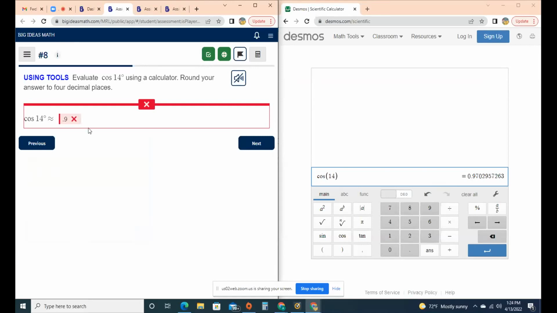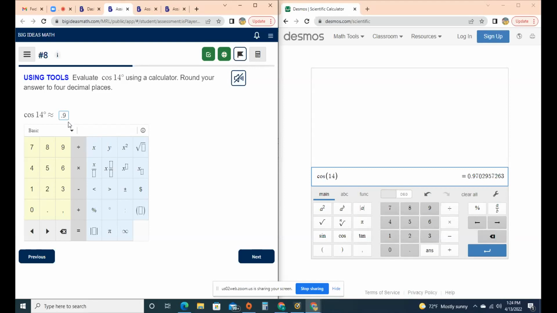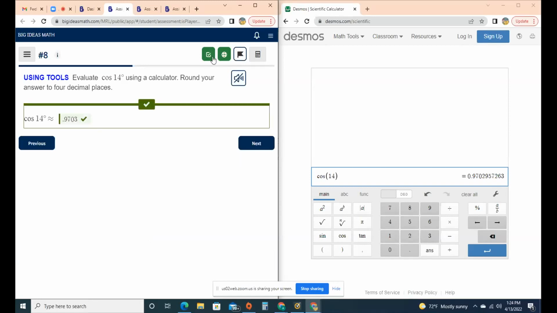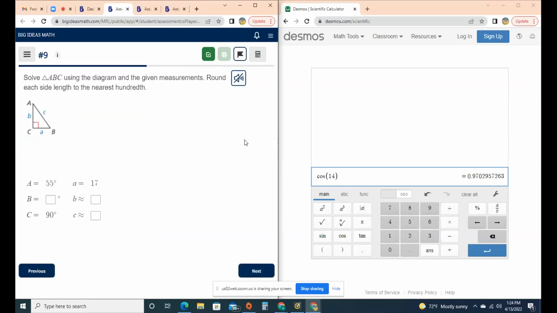You have to round to 4 decimal places. Would it be 9703? Yes. You got a 2 there. Okay, that should work. Cool.